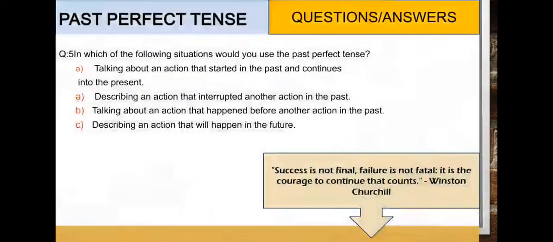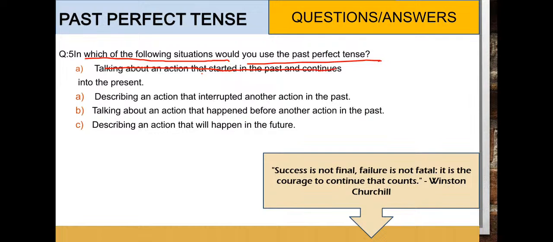Okay, let's get into the last question. We have very less time, so we'll be covering all those things in a very sharp way. In which of the following situations would you use the past perfect tense? I told you about the situation, but let's check. Talking about an action that started in the past and continues into the present?